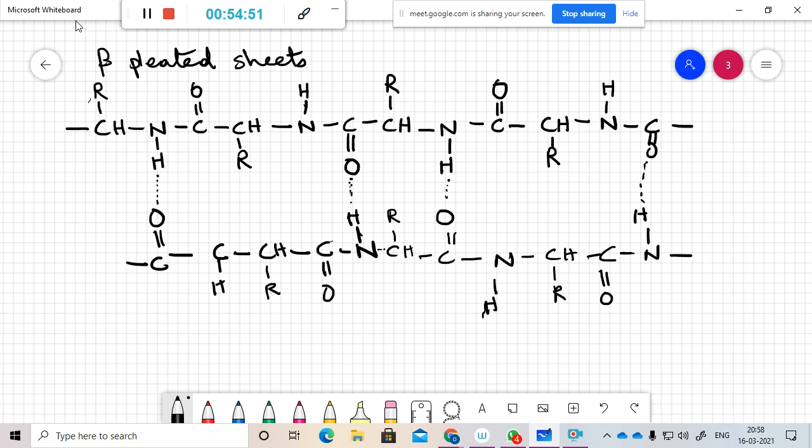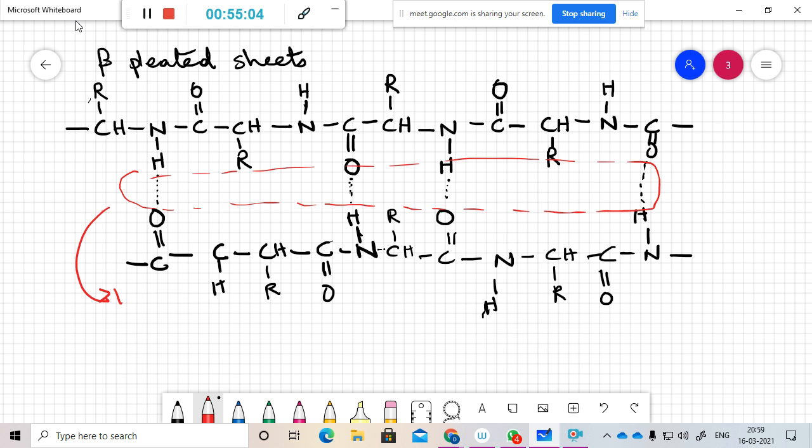You can see in both of these cases, it is the hydrogen bond which holds.